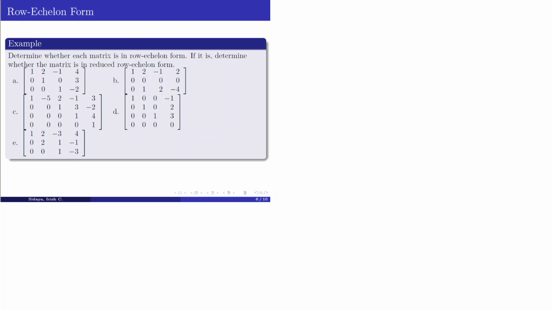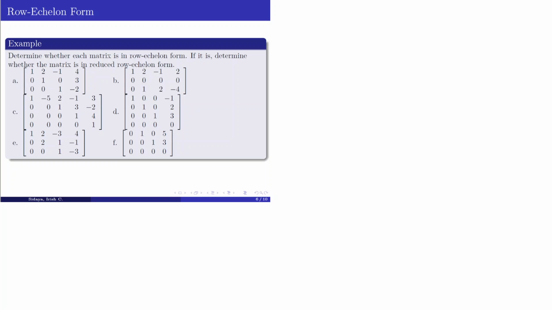Now this matrix is not in row echelon form. Why? Since in the second row, the first non-zero entry is not 1. Take note, we must have a leading one. And lastly, we have this matrix.